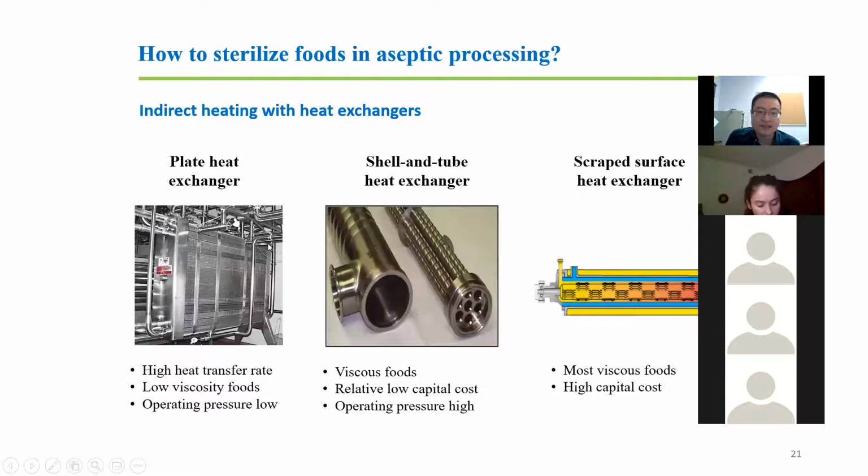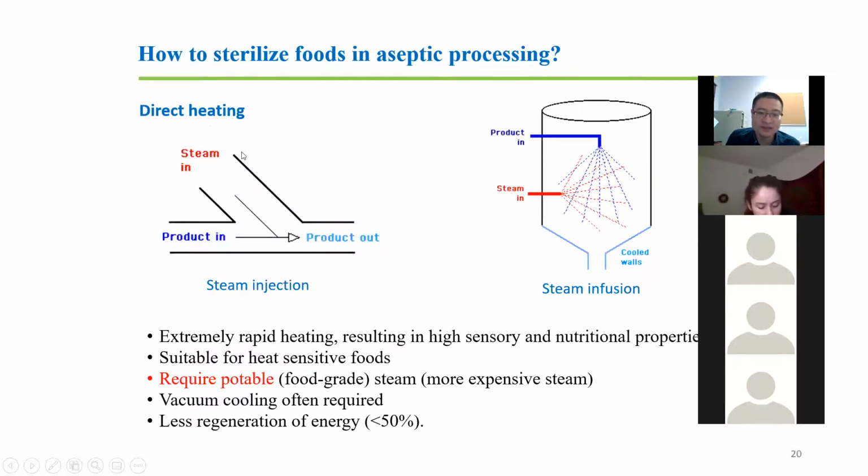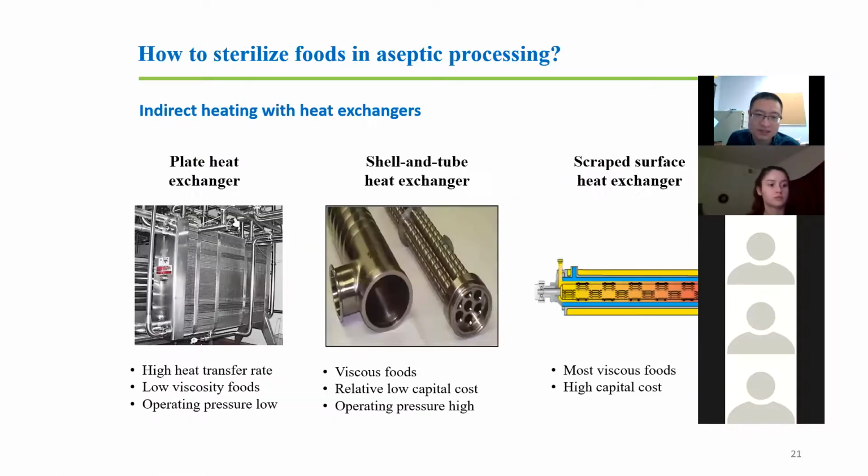And the other way, so remember that direct heating is direct mixing of the heating medium and the food. In indirect heating, there's something between the heating medium and the food. There's no direct contact, no direct mixing. As I talked about before, we use a plate heat exchanger, a tube exchanger and the scraped surface heat exchanger.